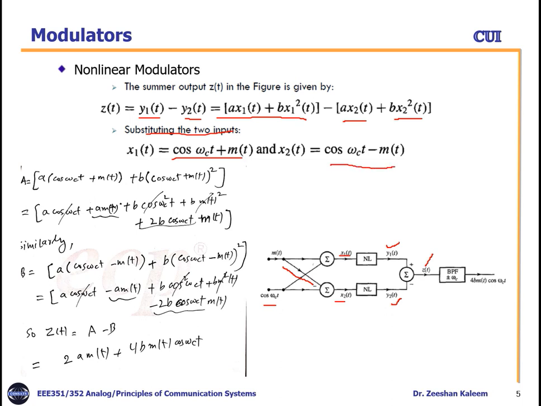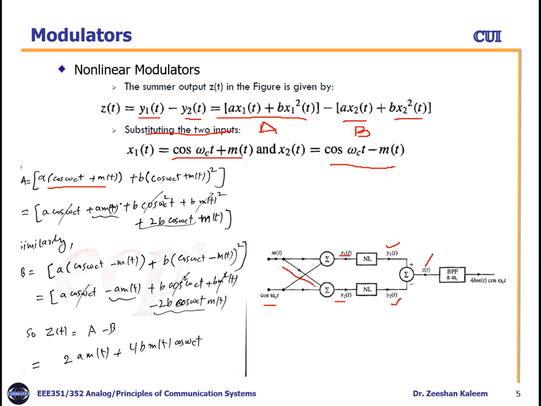Now let this portion be a and this portion be b. After putting the values of x1 of t and x2 of t in this equation, we get a times cos omega c t plus m of t, plus b times cos omega c t plus m of t, whole square.